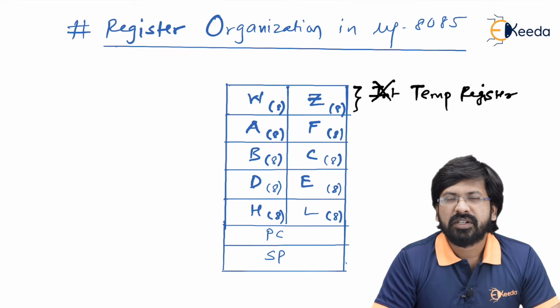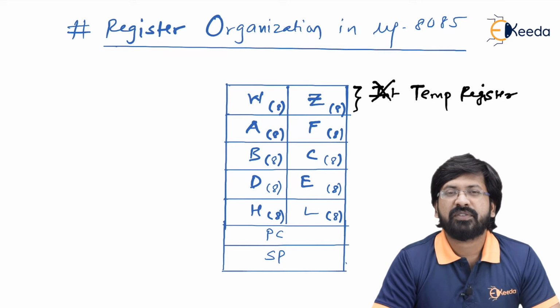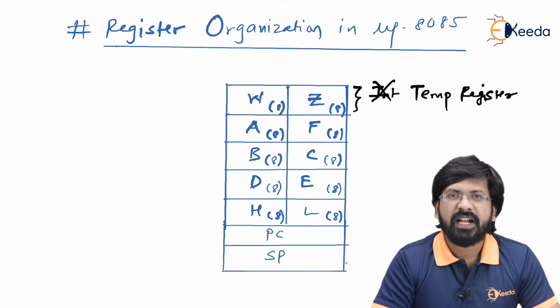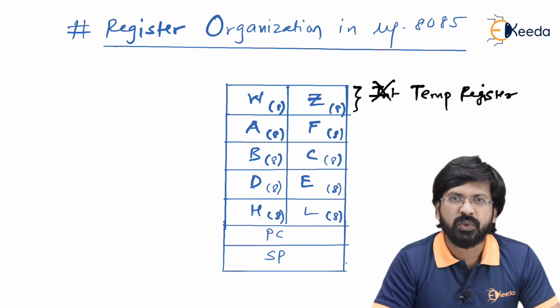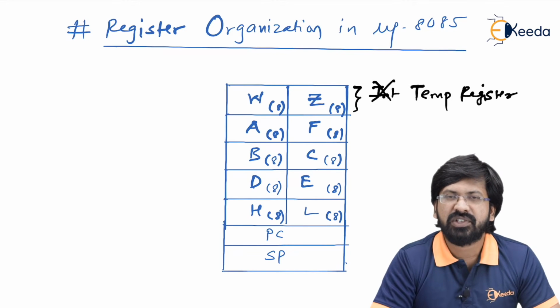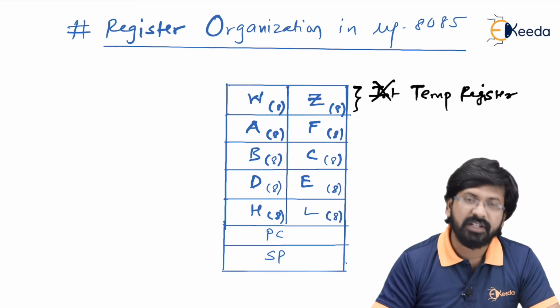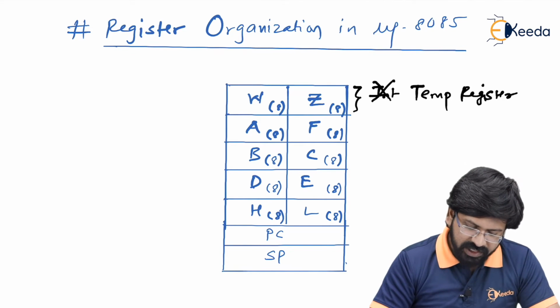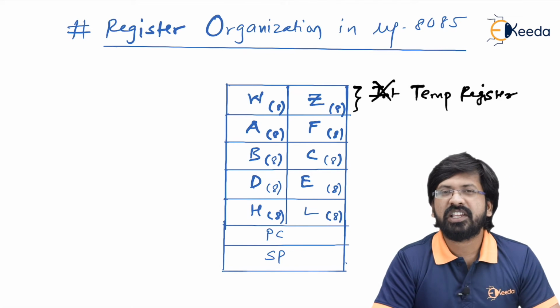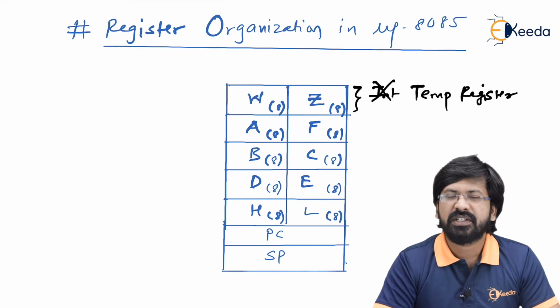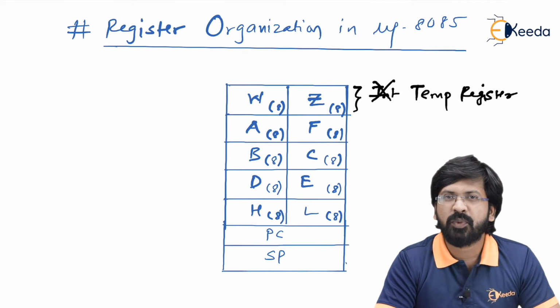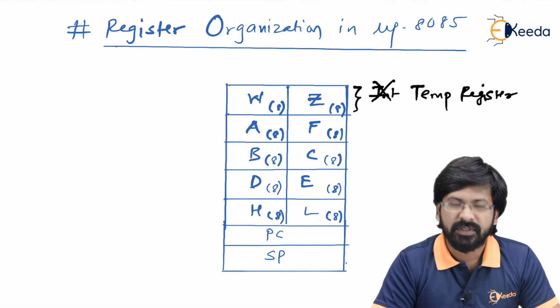This set of temporary registers is internally used by the microprocessor for its own operation and is not available for a programmer to use. So you cannot see a single instruction which will use these letters W and Z. They are used internally by the microprocessor for its own purpose, and not available for programming purpose.